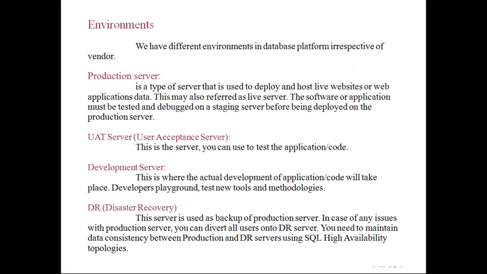On the UAT server, we DBAs deploy the packages or scripts, and once the deployment is done, obviously we will have a testing team in our organization. They hit this UAT server and do some testing on it, and once they are happy with all the testing, they sign off.